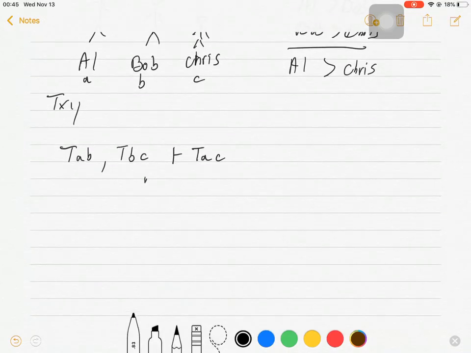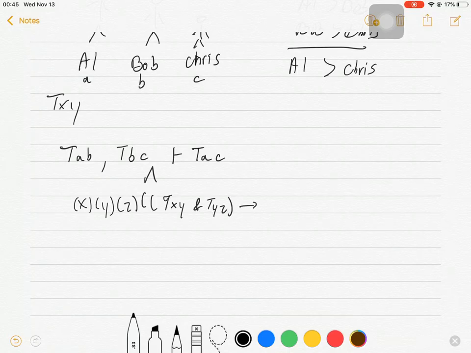What we would need right here is something that looks like the following. For all X, for all Y, and for all Z, if it is both the case that TXY and TYZ, then it follows that TXZ.